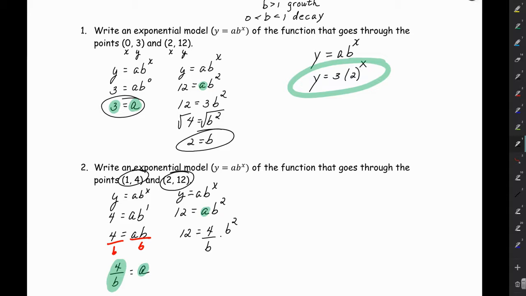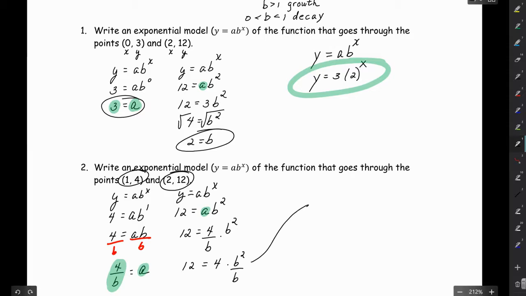Right, now the next thing is we have to simplify this. So we've got 12 equals, you could rewrite this, think of it this way, b squared over b. That means the same thing. Now what's b squared divided by b to the first? When we are dividing, the property of exponents tells us that we subtract the exponents.